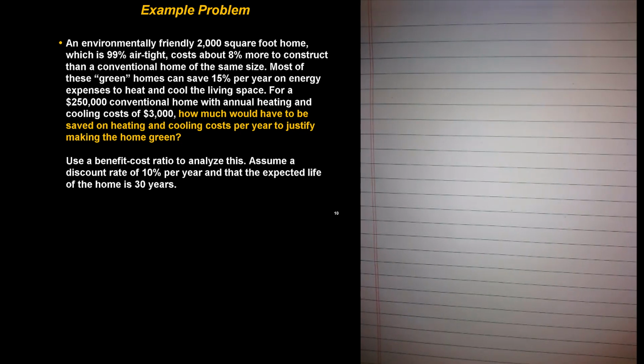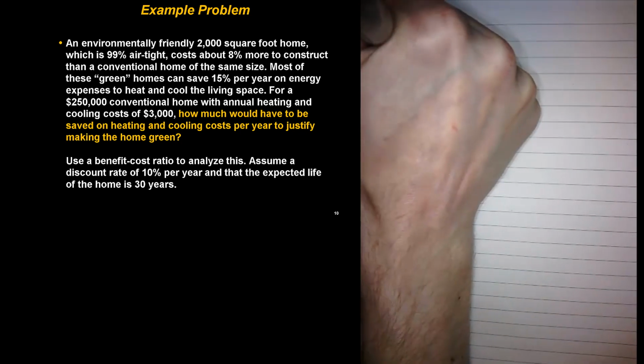Since it didn't make sense to go green, we can ask how much the savings would have to be in order to justify it. This sounds more like a break-even type problem. In this case, we have the incremental benefit cost ratio, and to justify making the home green, that has to be at least 1.